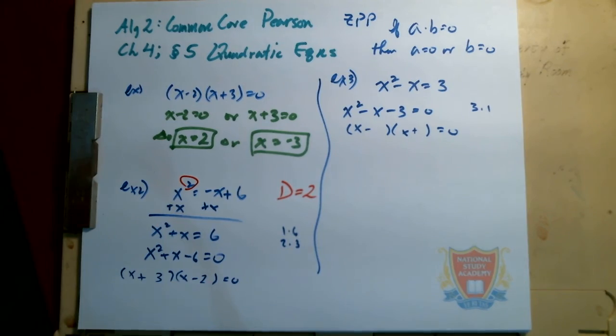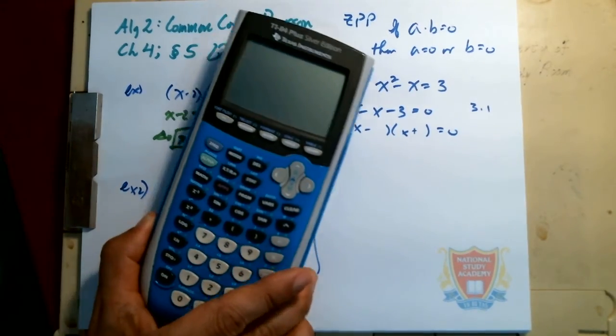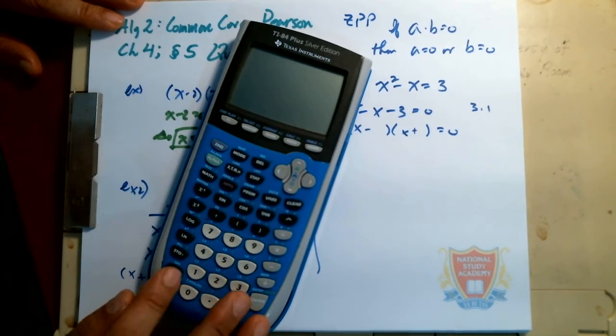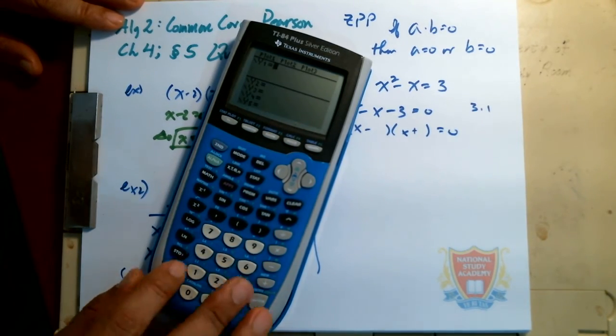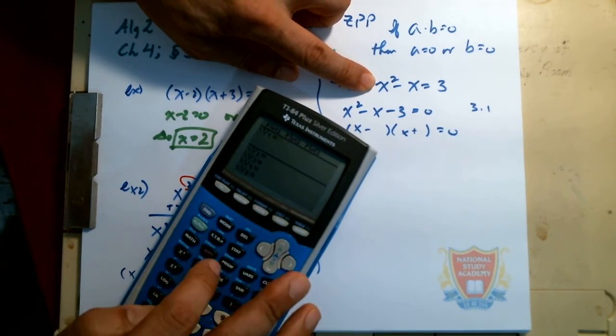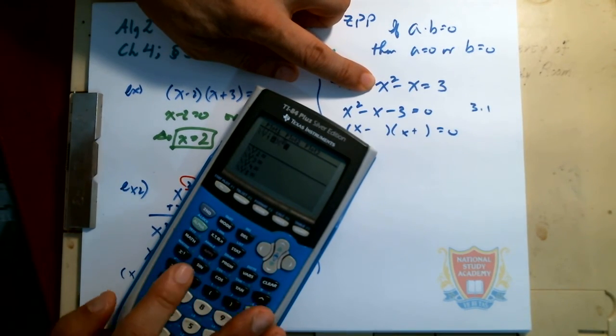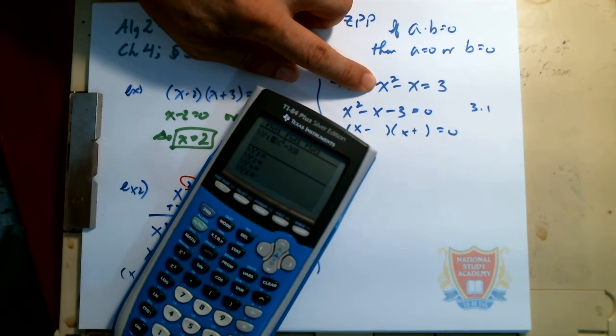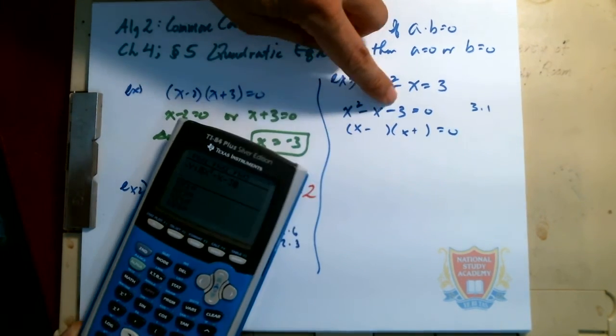How does the book want us to do it? They want us to do it using a calculator. So we go to the Y equals button. We got to turn the other one off first. Y equals x squared minus x minus 3. You want to set it equal to 0.